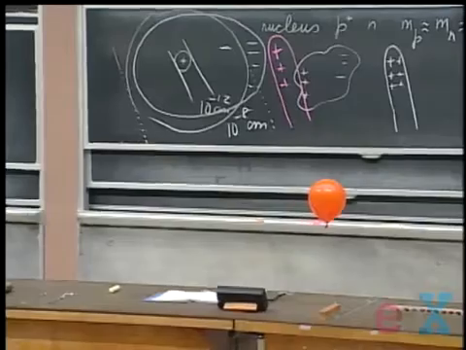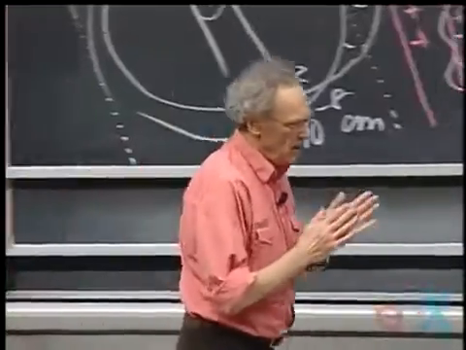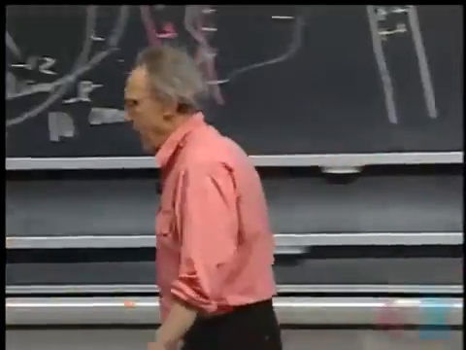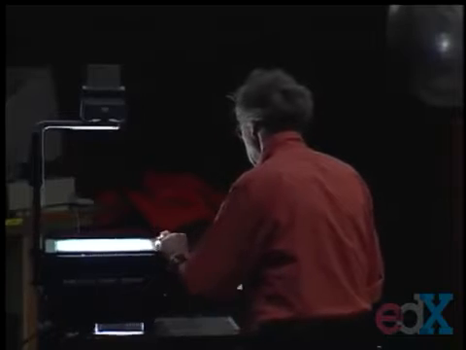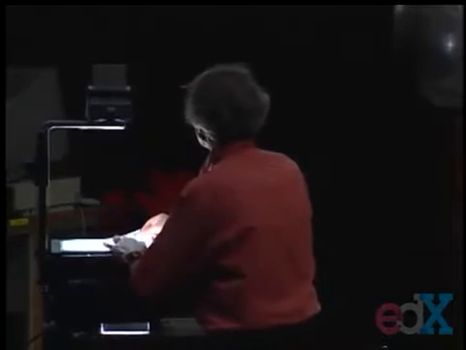And I can show you that in a nice way with a transparency, whereby I have plus and minus signs, and I have an equal number of plus and minus signs. So they represent neutral atoms.